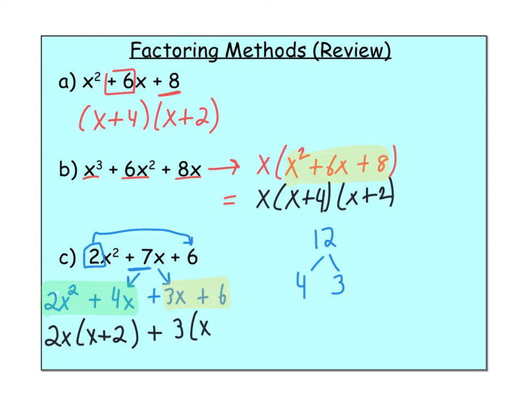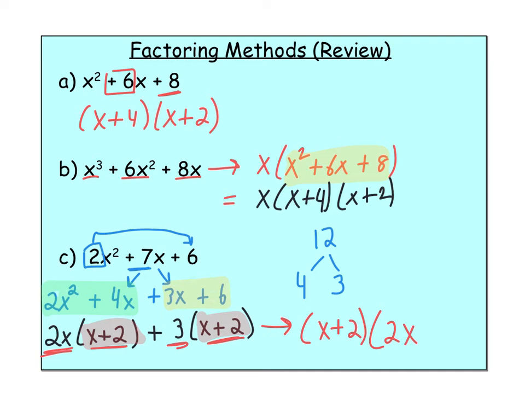And the leftover, if we divided the 3 out, would be x plus 2. Now here's where we know we're in business, because each term now shares this common factor of x plus 2. So just like before, when you have a common factor, x plus 2 is common, we can bring that out front. And then we just have the leftover stuff, the 2x plus 3. Okay, so that should be a review. It used some of the grouping method, and it also showed the a times c little trick that we did on those quadratics.